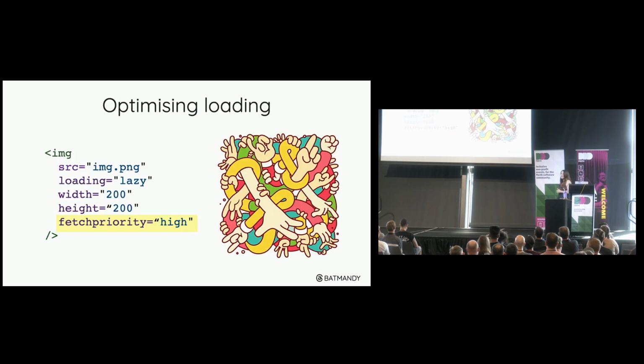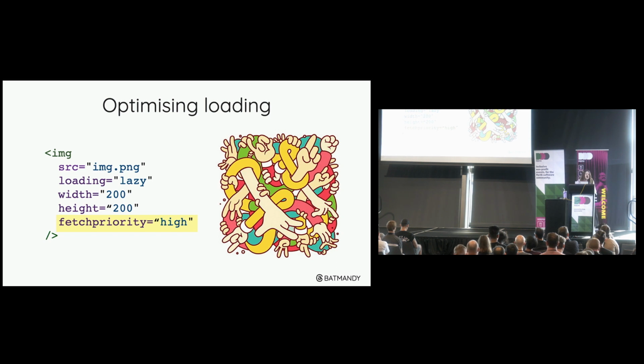You can also take this a step further by using the fetch priority attribute. And this is going to help optimize that loading. When the browser is parsing a web page, much like I explained earlier, it begins to discover and download resources like images. It then assigns a priority to those in an attempt to download them in an optimal order.